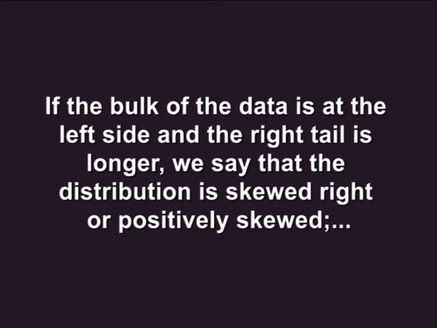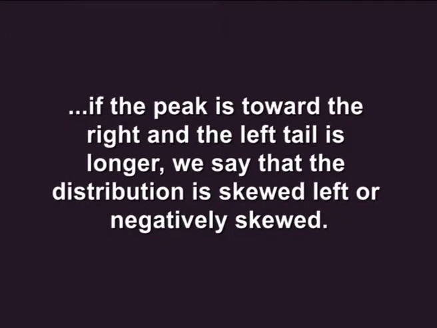If the bulk of the data is at the left side and the right tail is longer, we say that the distribution is skewed right or positively skewed. If the peak is towards the right and the left tail is longer, we say that the distribution is skewed left or negatively skewed.